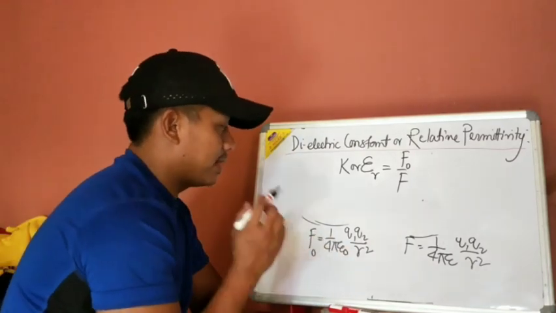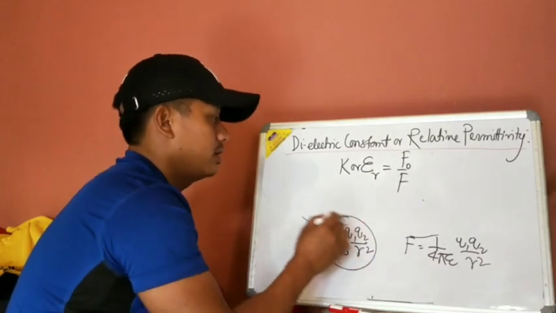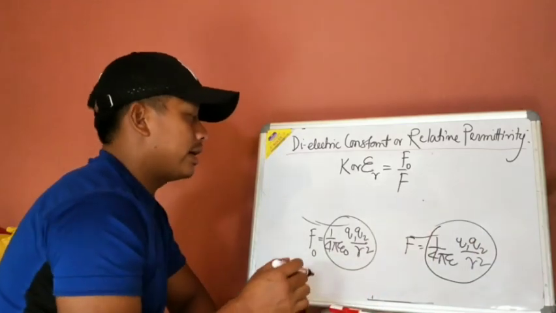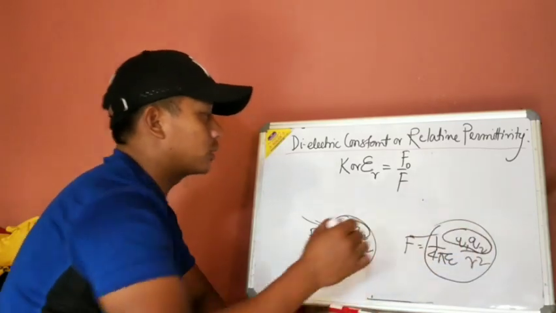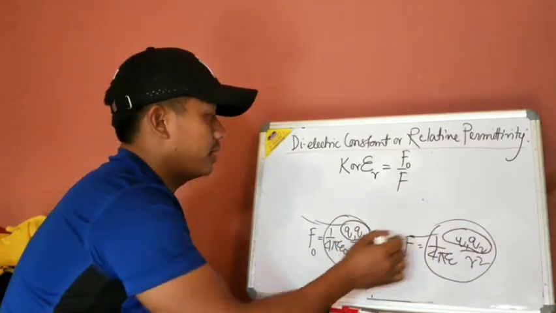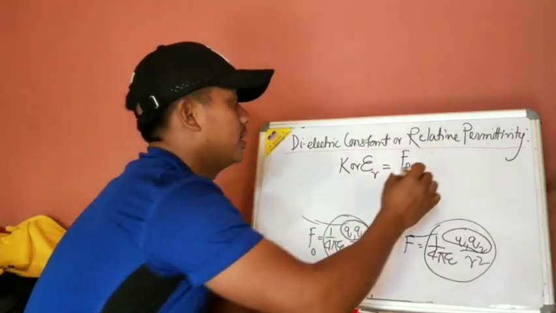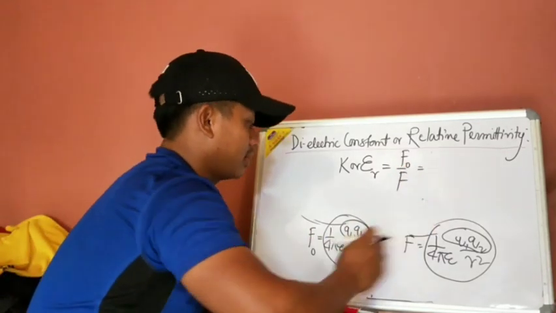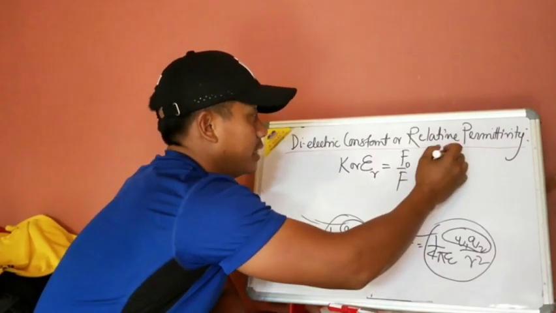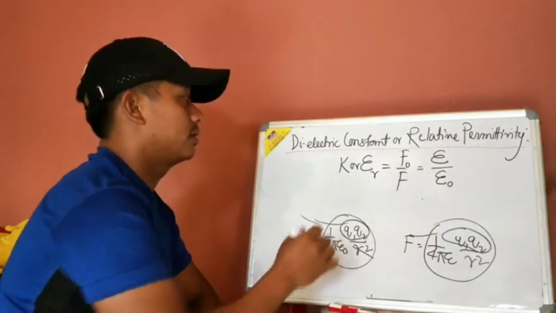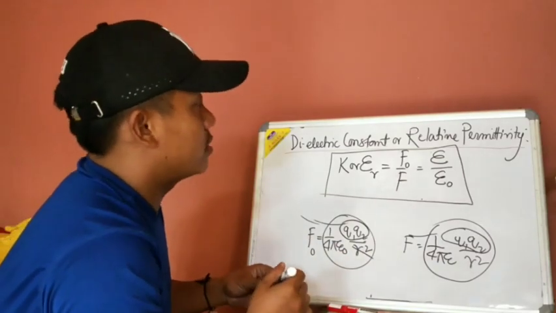Then if you substitute F naught and F, Q1 Q2 and R square cancel, as does 1 by 4 pi, and you get epsilon by epsilon naught. So you have the proper formula for the dielectric constant of a medium.